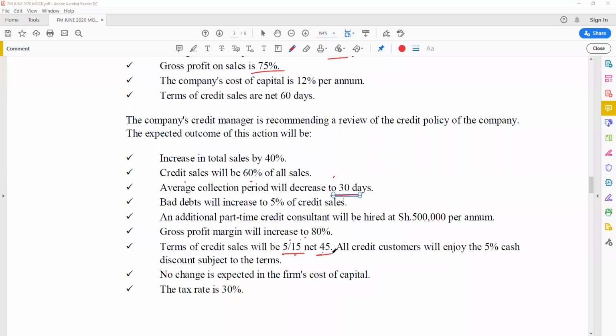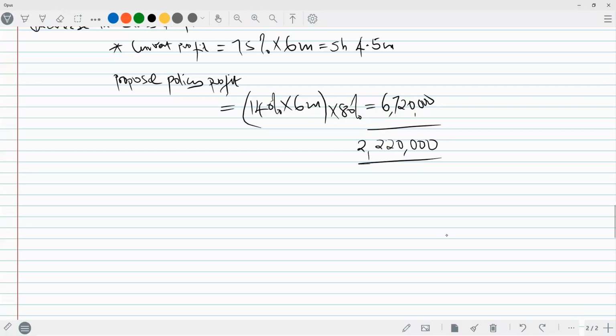This is not finance, it's more towards the maths. We know that for all the customers of the company, the receivables days is equal to 30 days.